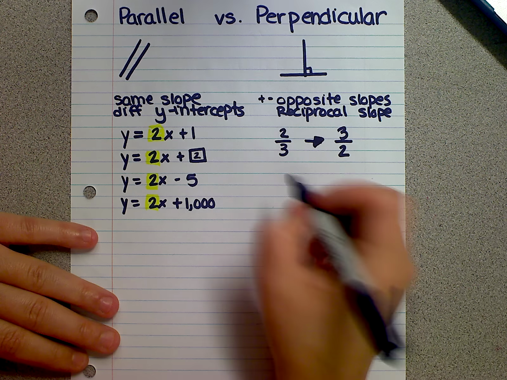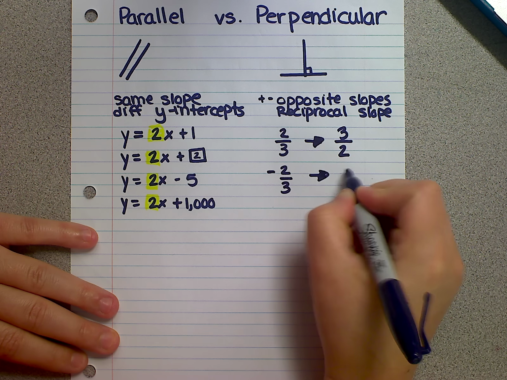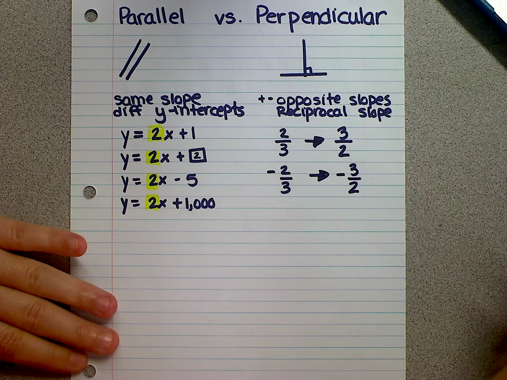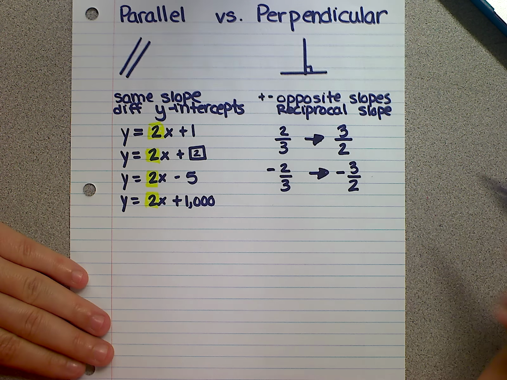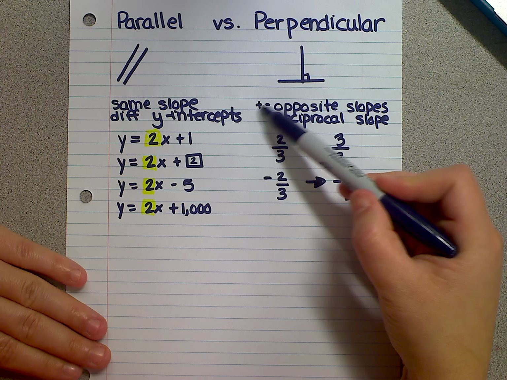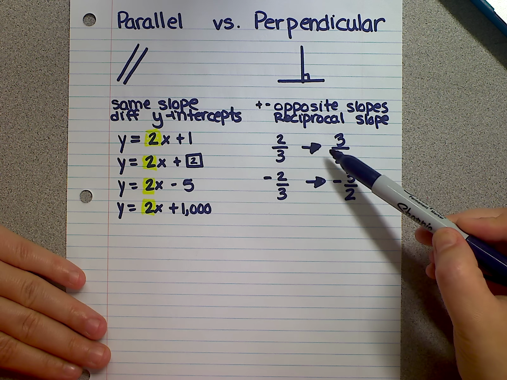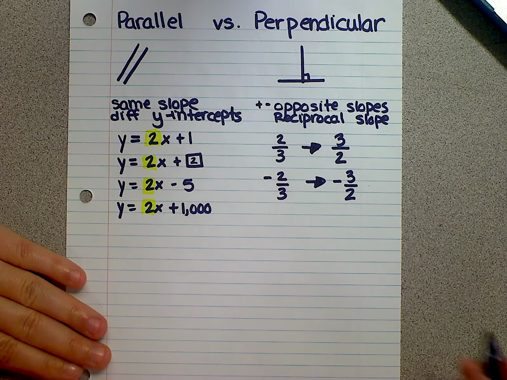If it is a negative slope, negative 2/3, then the reciprocal is negative 3/2. So you don't change the sign for reciprocal, you just flip the number. Now, with perpendicular lines, not only do you have to change the sign, but you have to flip the fraction or the number. So that's why we call it opposite reciprocal.